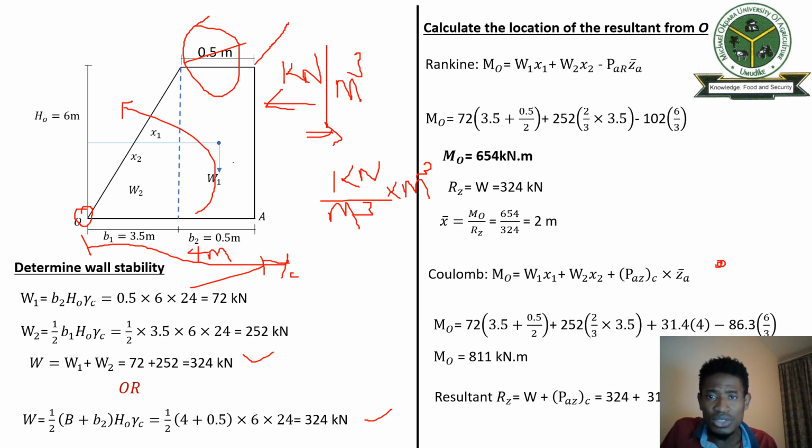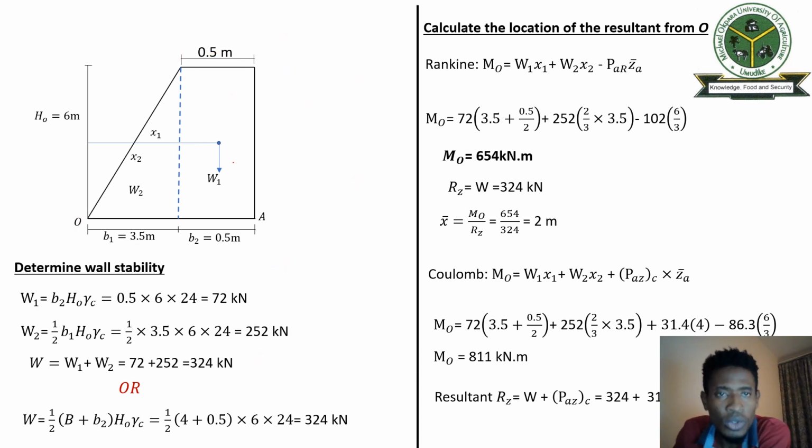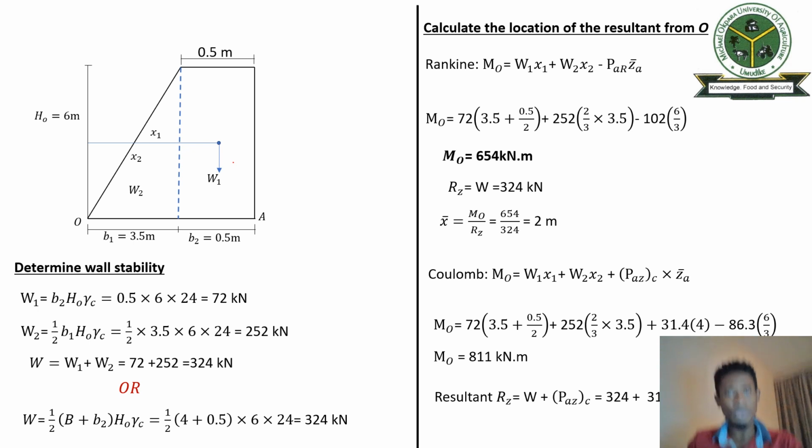As simple as it is, if you want to calculate your value for the moment, how will you calculate this? For the first diagram here, W1 is the triangle. So the distance of W1 to this point. What is the centroid of a triangle?